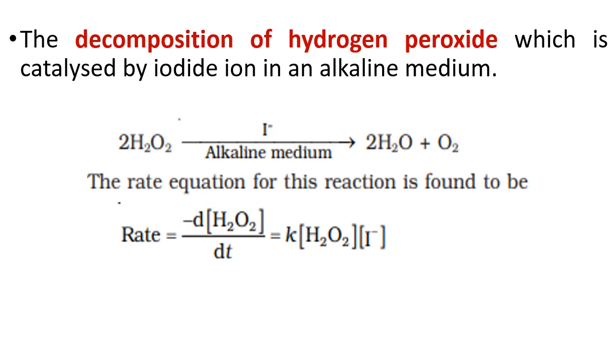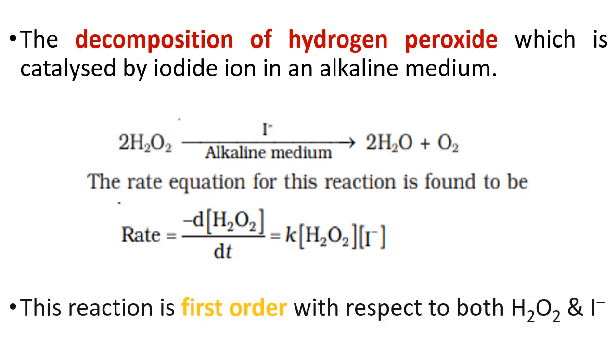Two molecules of hydrogen peroxide react to form two molecules of water and one molecule of oxygen. The rate equation for this reaction is rate is equal to minus d[H2O2] by dt, which is equal to K into concentration of H2O2 to the power 1 into concentration of I minus to the power 1. This reaction is first order with respect to both H2O2 and I minus.